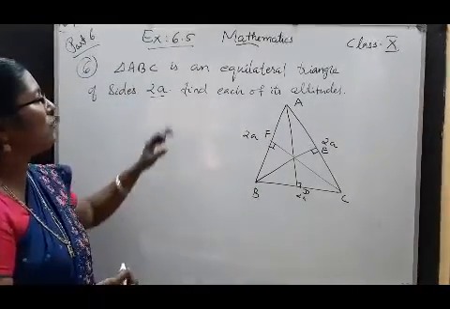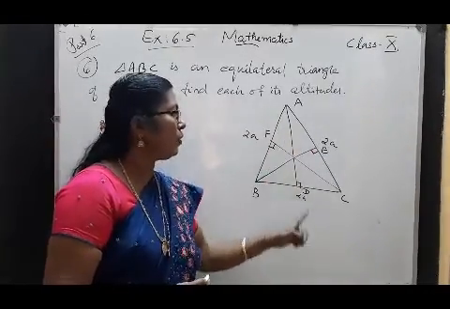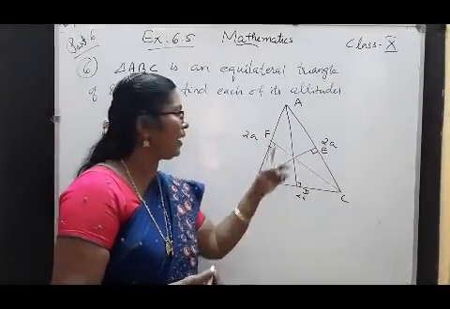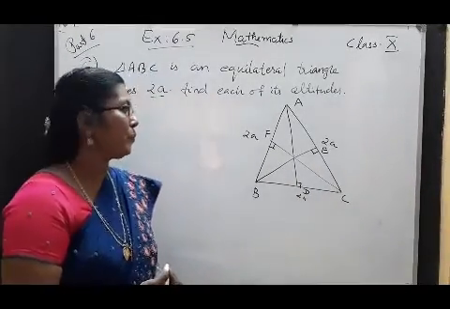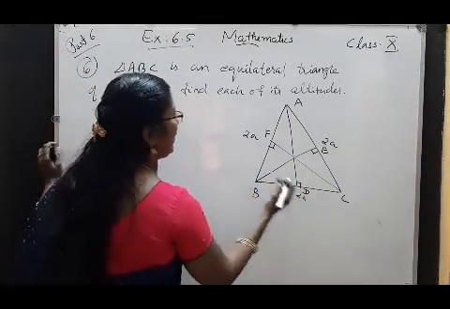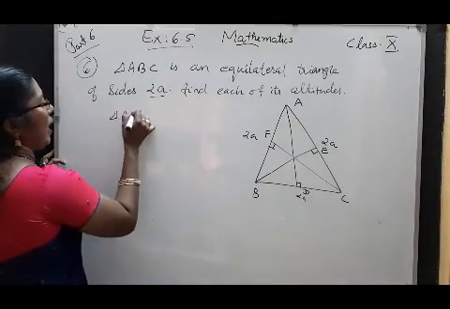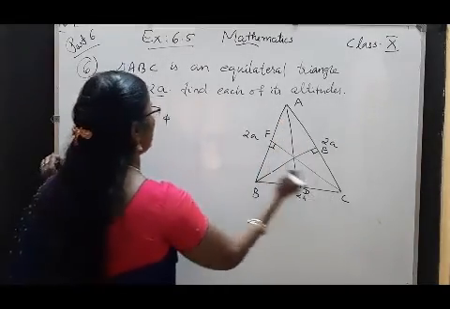Our aim is to find each of its altitudes, the length of AD, BE and CF. Let us take the two triangles, triangle ABD and triangle ADC.